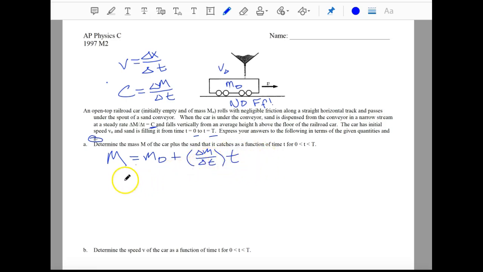So M is equal to M0 plus, substituting in c for this, c times time. You get 2 points for doing that: 1 point for this, and 1 point for recognizing that delta M over delta T is c because that is what they told you.